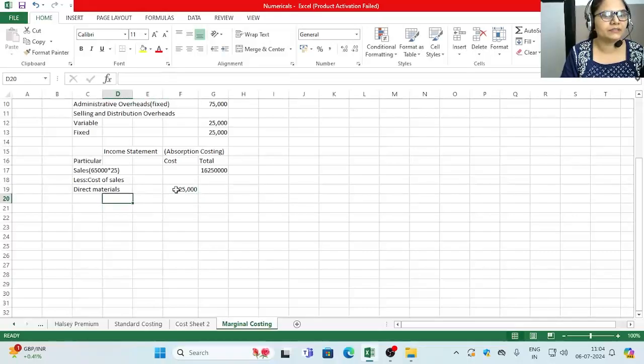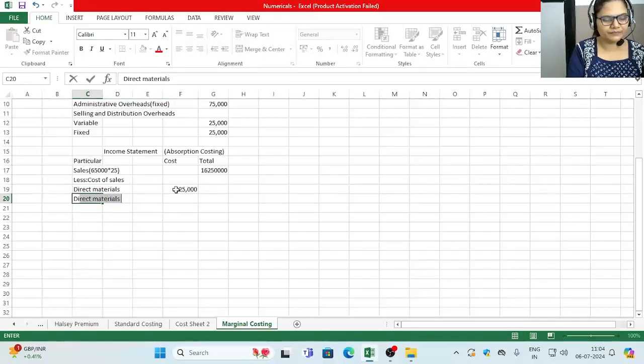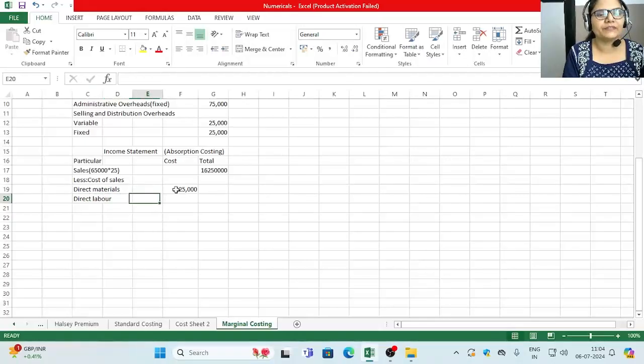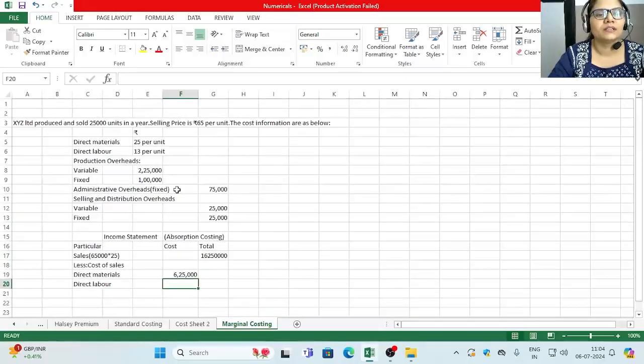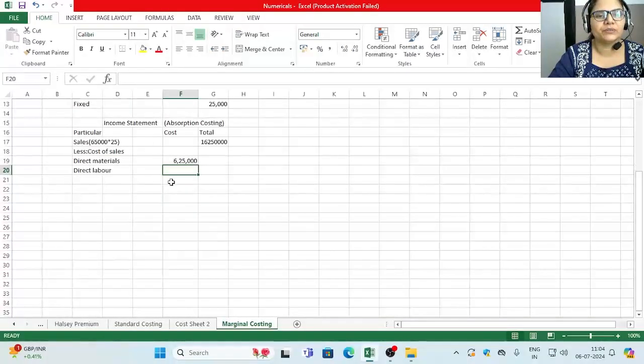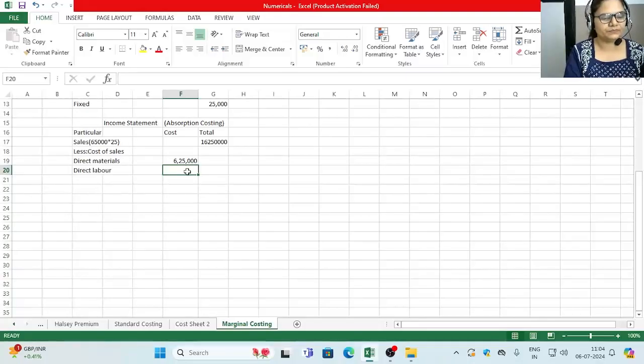Next is direct labor. Direct labor is given in the question as 13 per unit. 13 per unit into 25,000 units will give you 3,25,000.